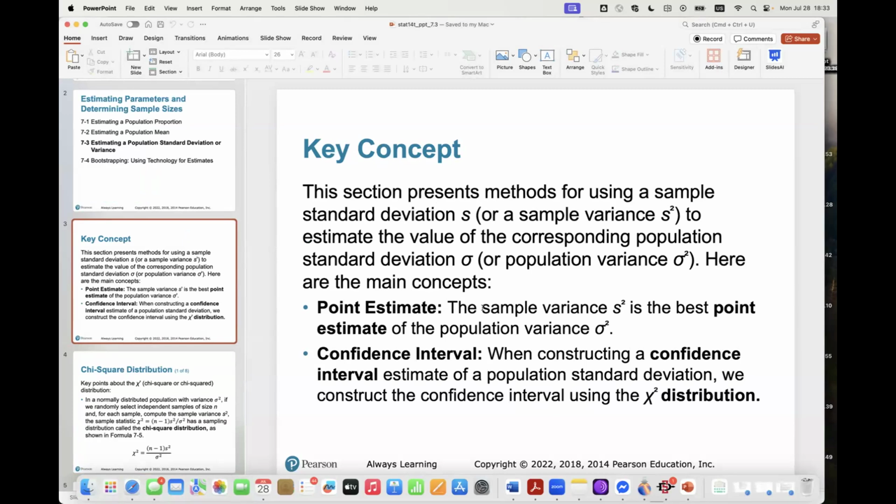The point estimate: the sample variance s squared is the best point estimate of the population variance sigma squared. And for the confidence interval, when constructing a confidence interval estimate of a population standard deviation, we construct it using the chi-square distribution.